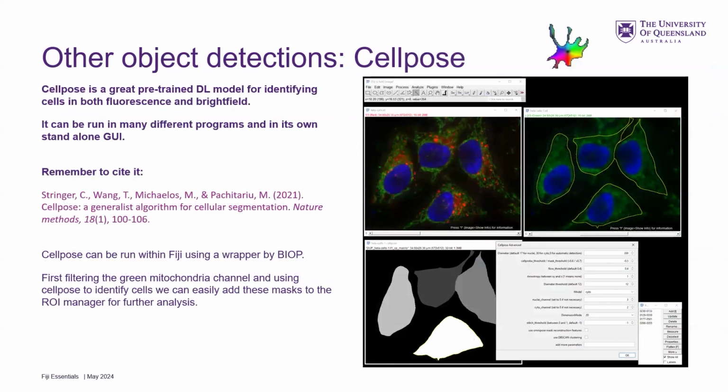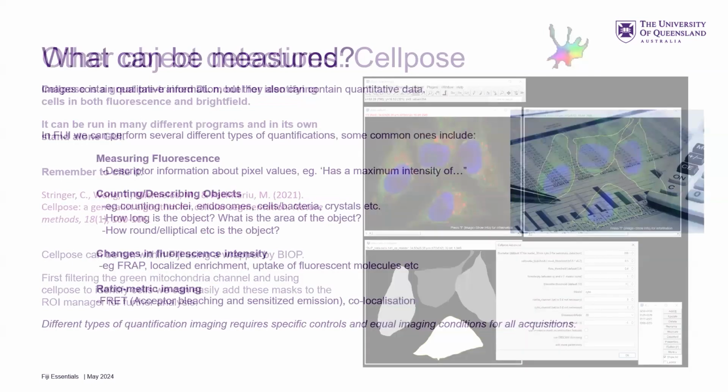Likewise, Cellpose is a really good deep learning model for finding cells. It can find really odd-shaped cells. It can find histology stuff. There is now a plugin that links it into Fiji. I've been pulling my hair out for the last week trying to get it working on multi-user computers. But if you want to try it on your own laptop, let me know and I can walk you through it. But that exists. So we're going to do it the old-fashioned way.